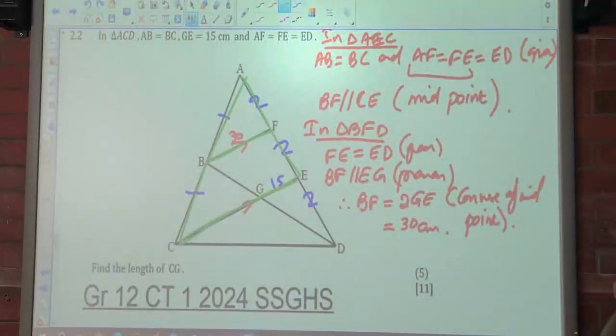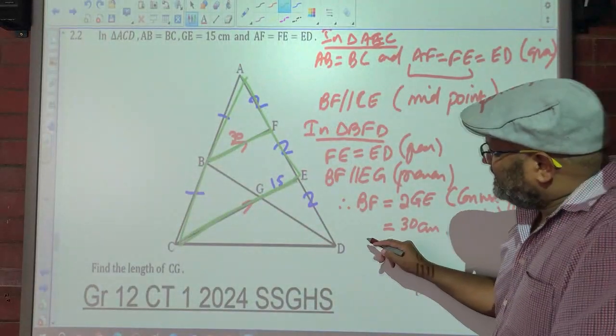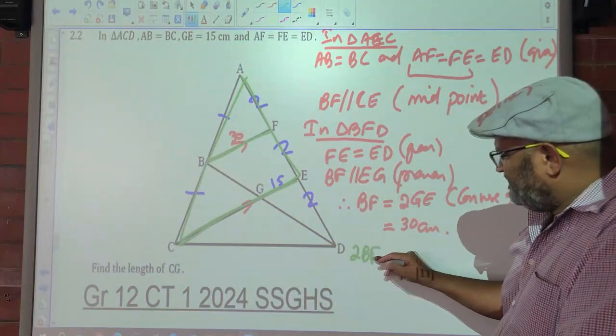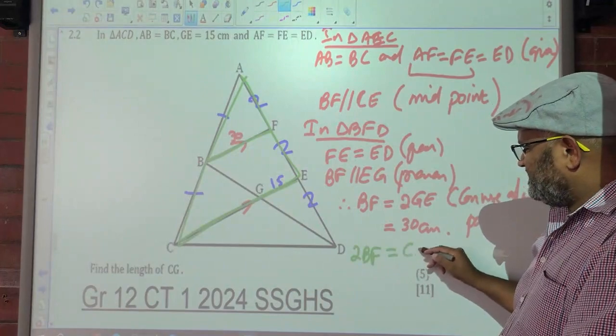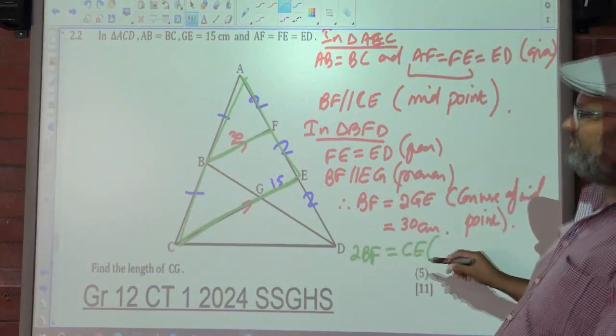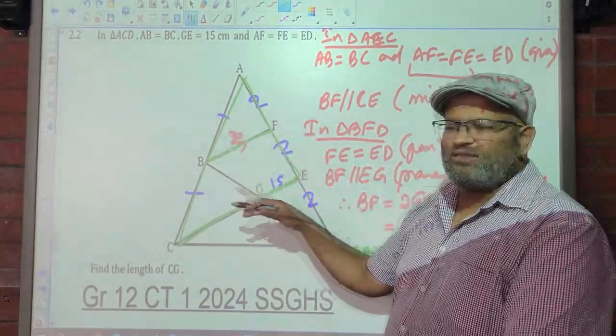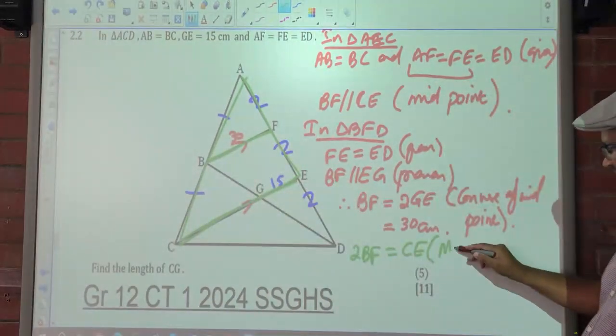So you can say now that twice BF is equal to CE. Why? You can say either converse of the midpoint theorem because you have the lines that are parallel, or midpoint theorem.